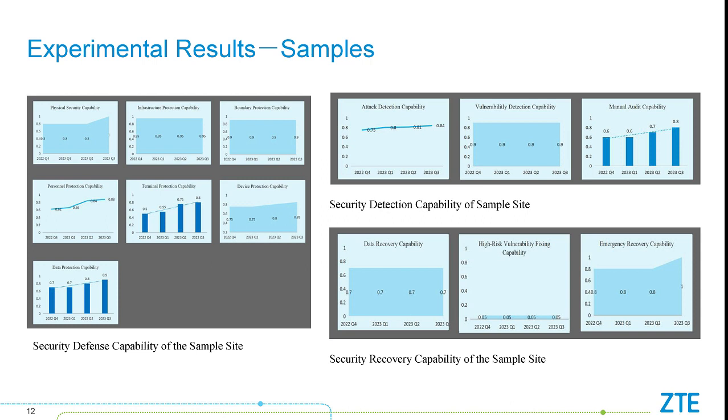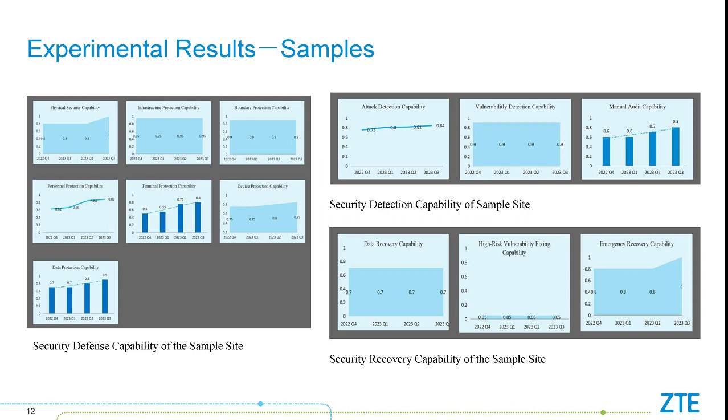And the weakest points lie in personnel, terminals, and data. After these poor points were observed, a series of security measures like training and DLP were put into force, and then the protection capabilities were enhanced in the following quarters. While the device protection capability improves slowly because the remaining vulnerabilities of third-party components are not timely resolved.